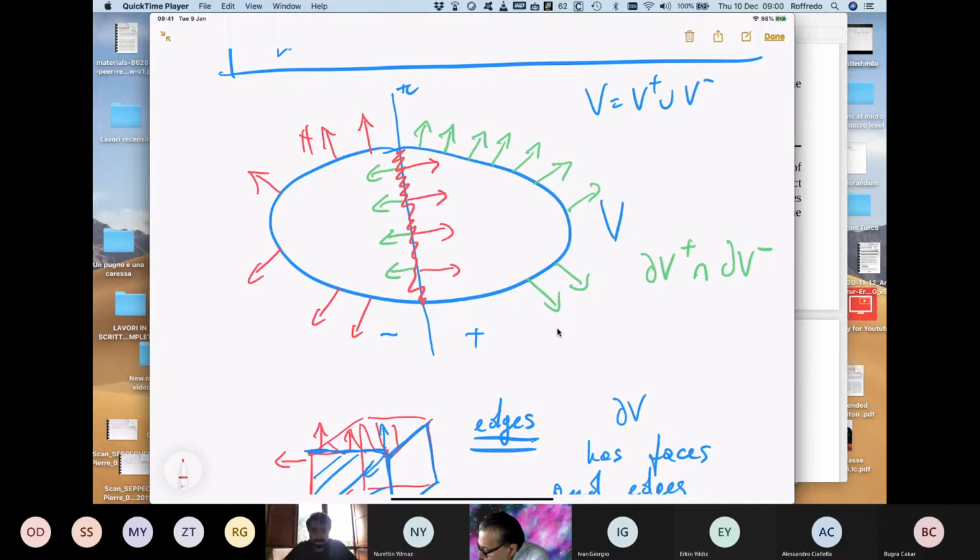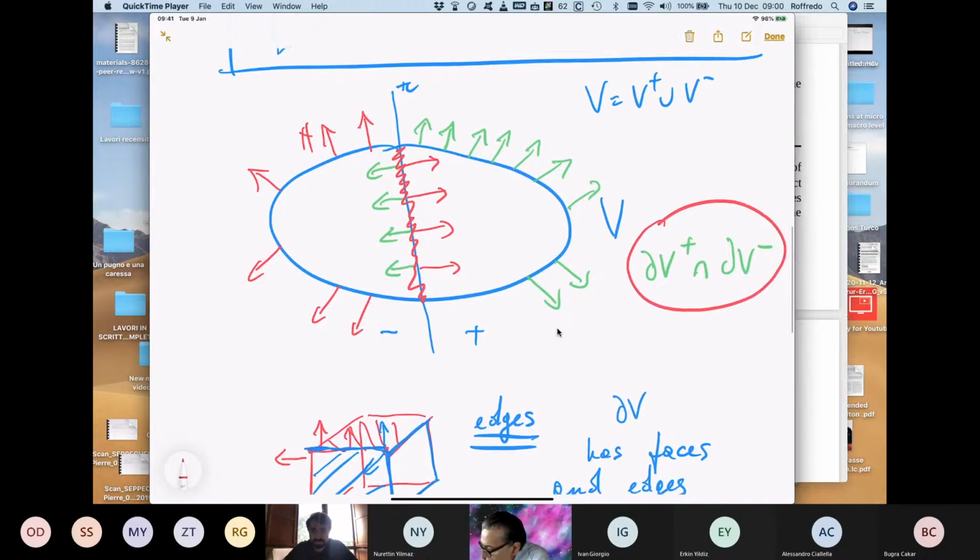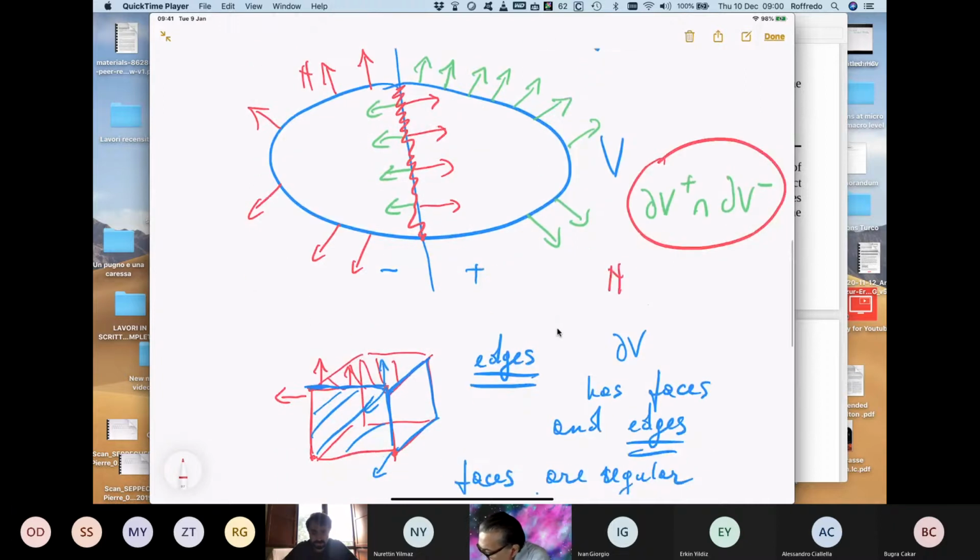On this surface, you have that n plus is equal to minus n minus. And this will be essential in what we need to understand now.